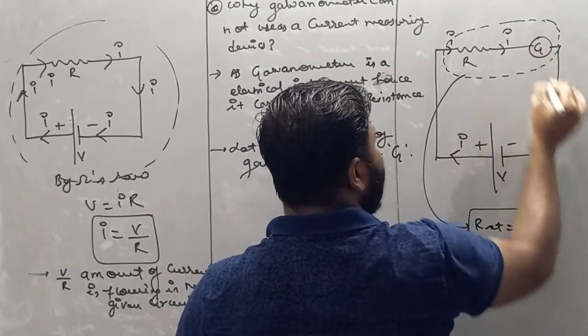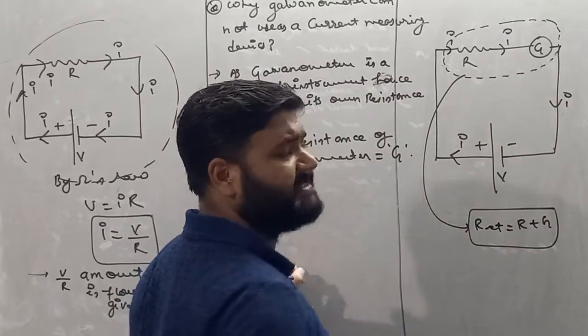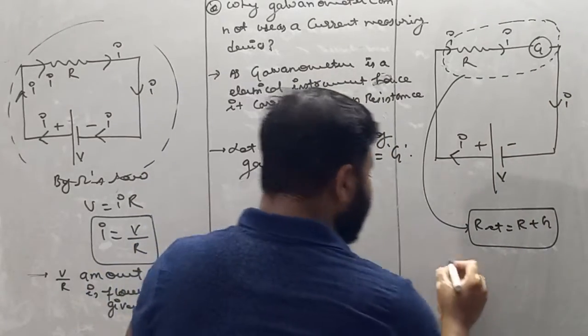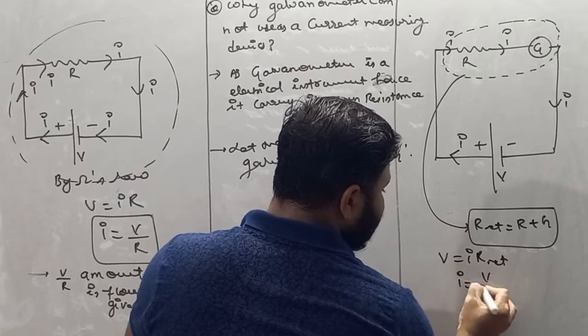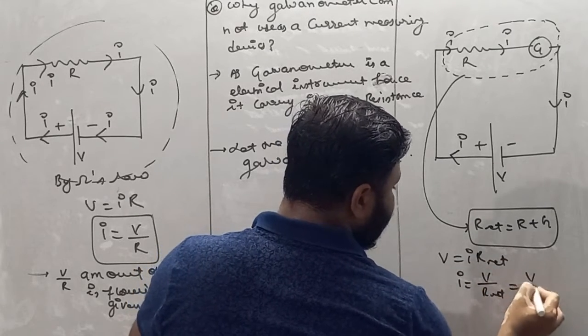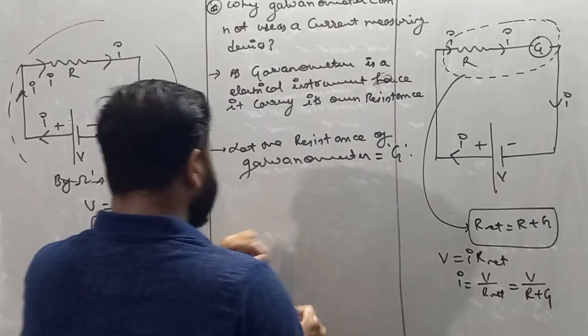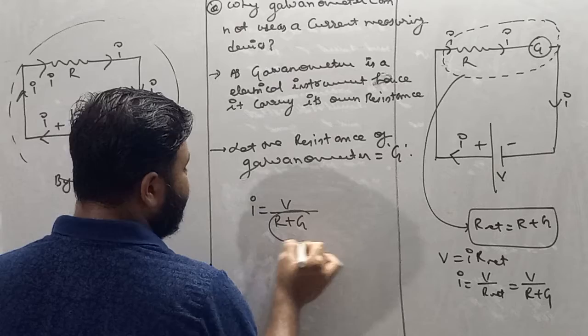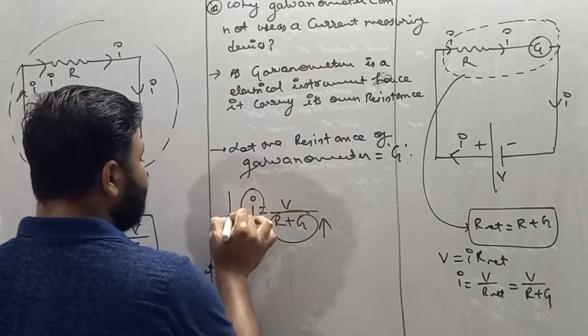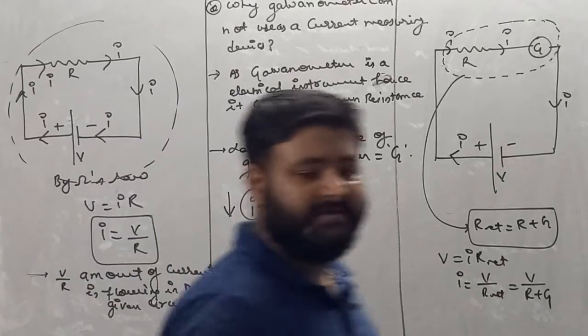So V is equal to I R net, so I is equal to V by R net, which is R plus G. So the value of current is I is equal to V by R plus G. Resistance increases, so the value of current decreases.